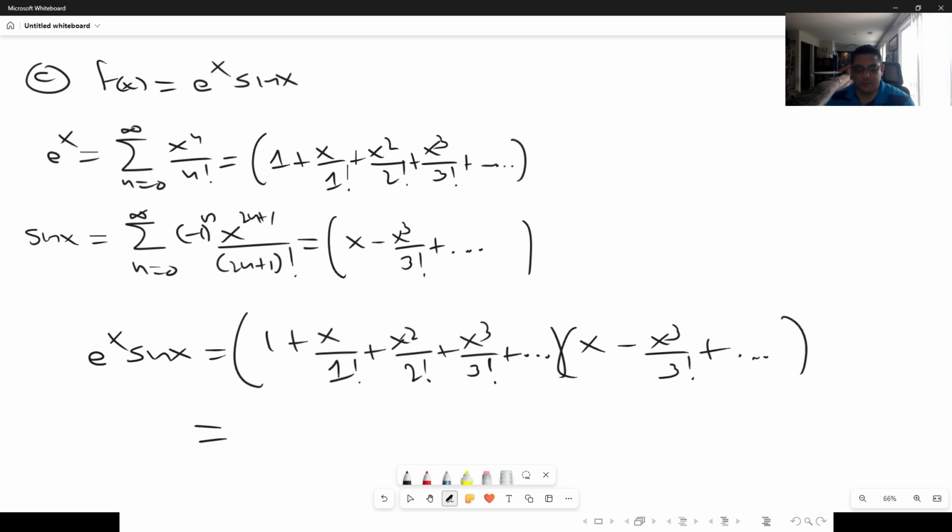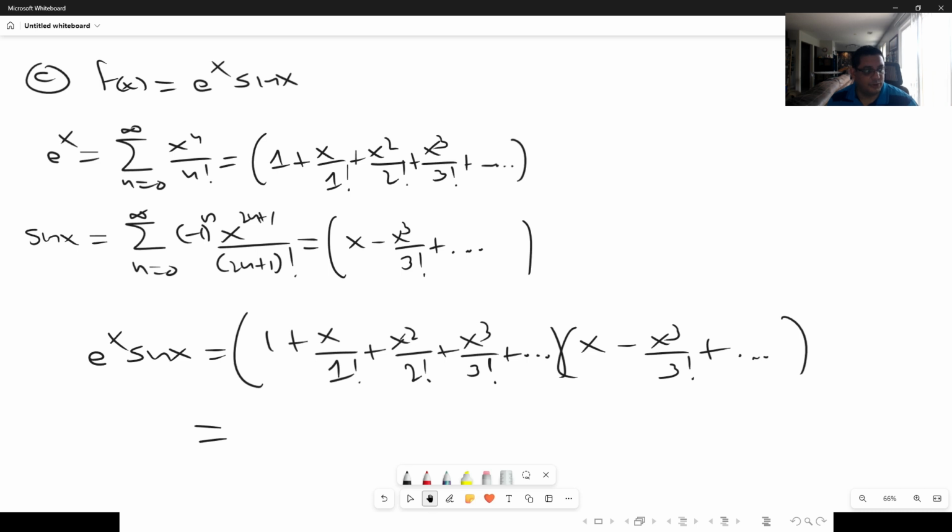So for example, if you do 1 times all this, then you get x minus x cubed over 3, and so on and so forth. And then you can go with the next term and start multiplying and start adding up, but then you've got to be careful how things are going to change.